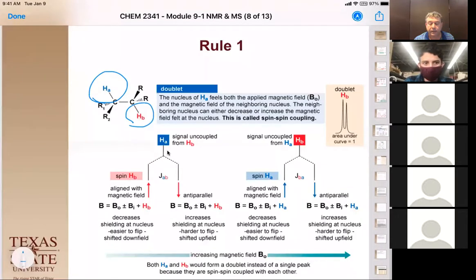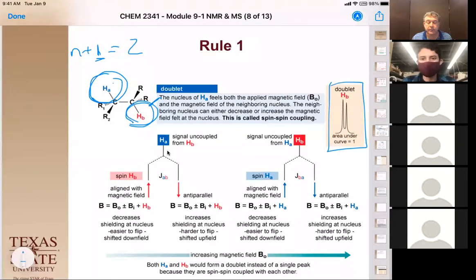Therefore, the A hydrogen is our signal, and our B hydrogen is the N. So our N+1 rule here: we have one hydrogen in N, one is for our signal, and so we're going to end up with two peaks. And so that gives us our doublet.